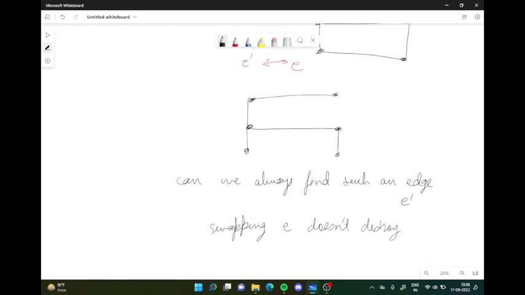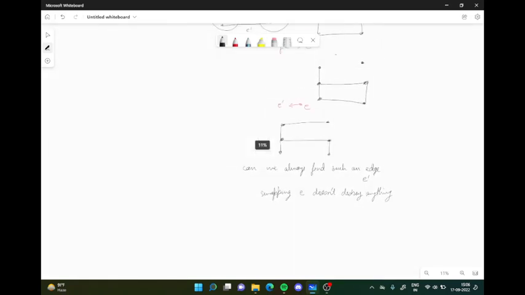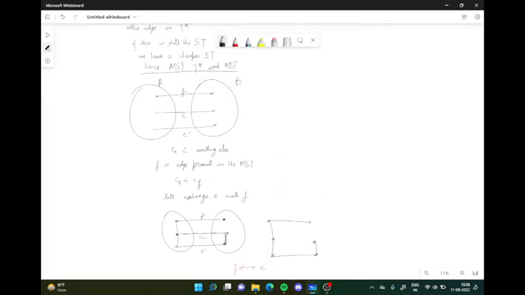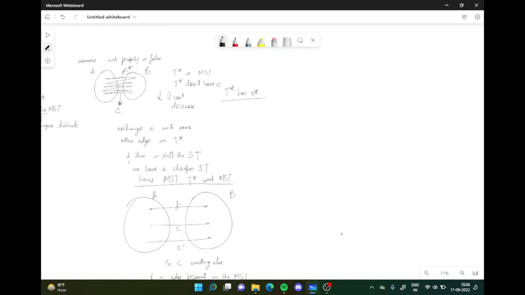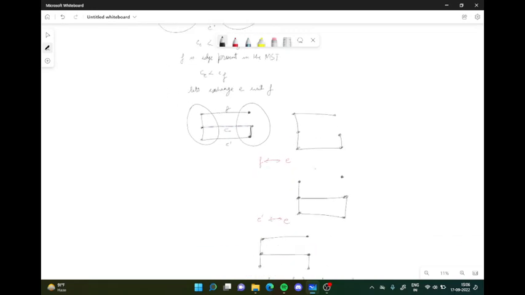If we are able to find such an edge, we can always swap and it will be a cheaper tree and we'll be able to prove our cut property. This is what we're doing. Let me circle back. We are going to try to assume that the cut property is false and we're going to try to get to a contradiction.